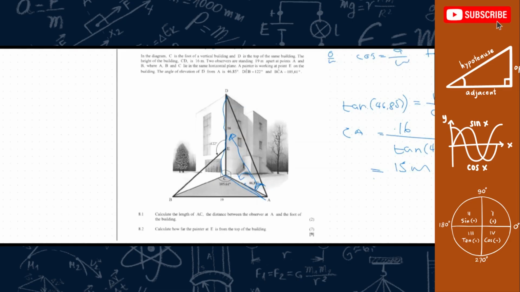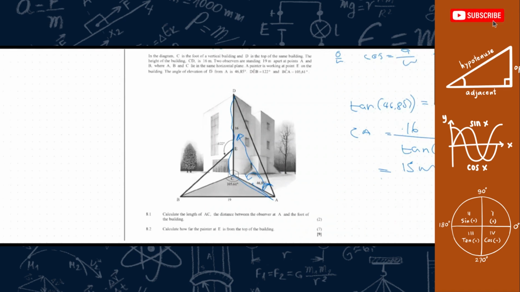Then 8.2 wants us to calculate how far the painter E is from the top of the building. So the only way we can do that is if we can calculate that angle by doing 180 minus 122.